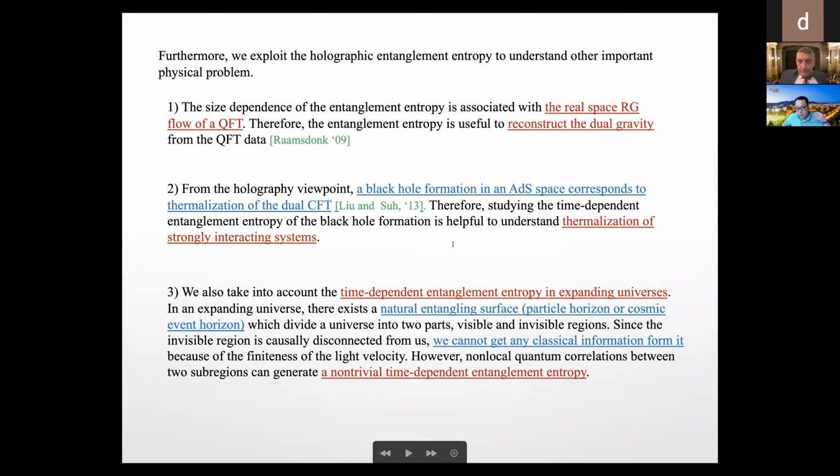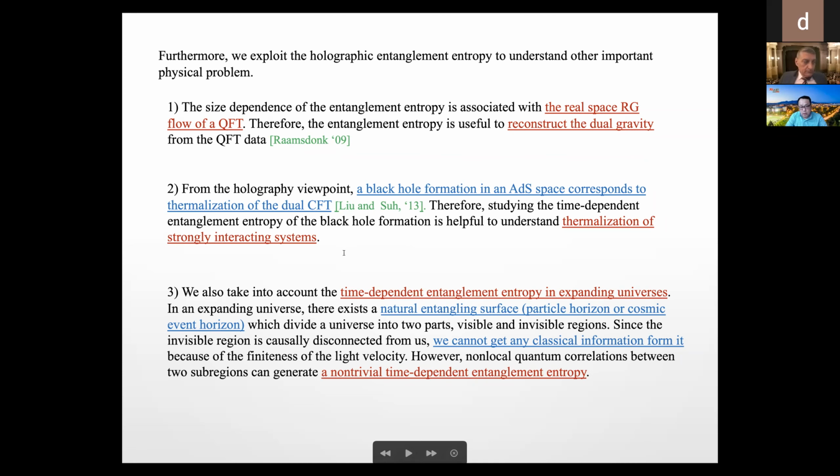If the black hole is formed, the entanglement entropy evolves to the black hole's thermal entropy. This is interesting in relation to thermalization of quantum field theory.